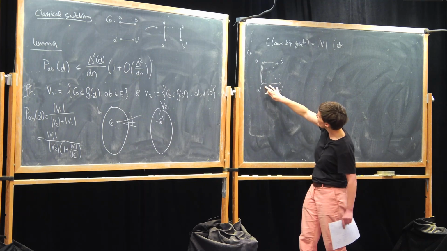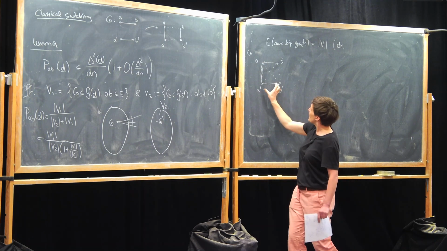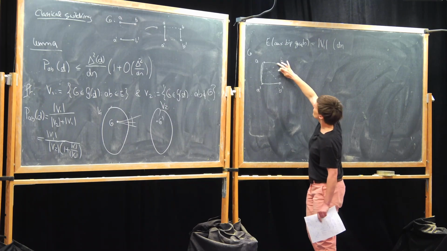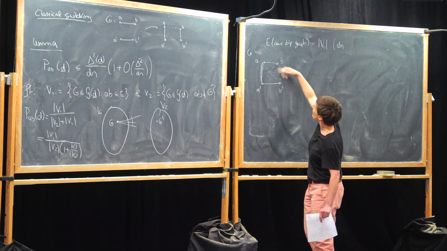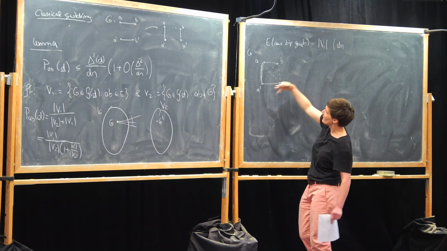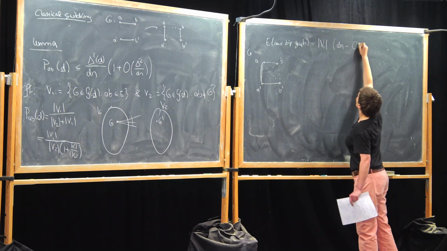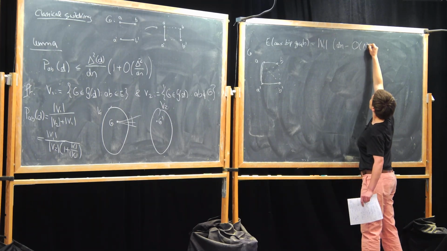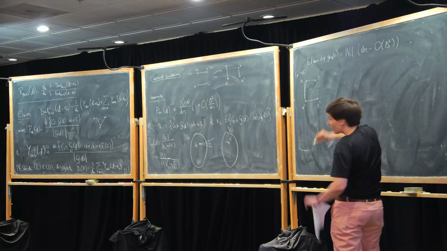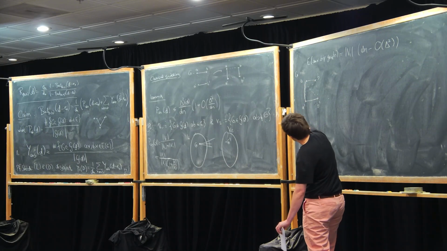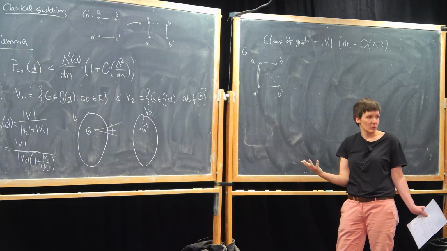So I don't want this edge to be like a neighbor of A. And similarly for B, I want to exclude everything that is a neighbor, an incident edge of a neighbor of B. So the total number of what I cannot do has size delta squared, right? A and B have degree at most delta, and their neighbors have degree at most delta.